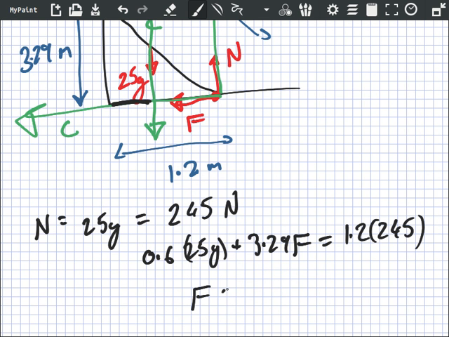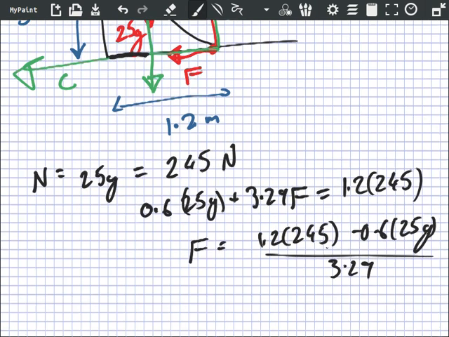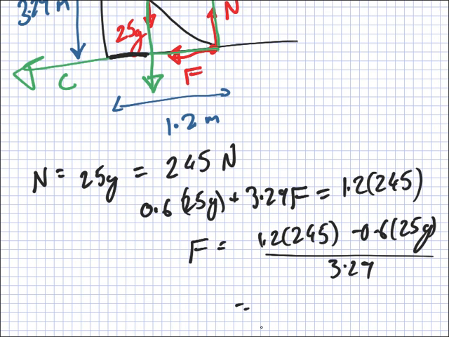So I can say F is 1.2 times 245 minus 0.6 times 25g all over 3.29. You see, that's a bit tricky. What do we get for that?